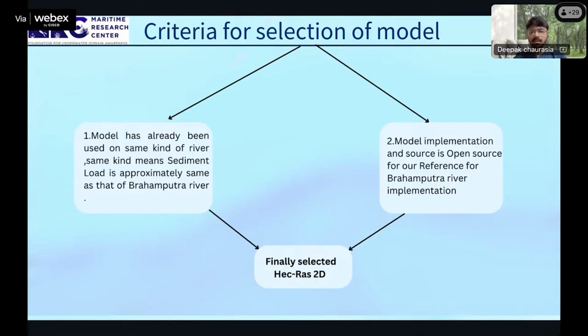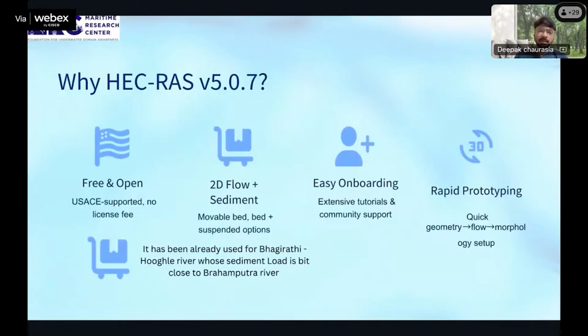Second, the model should be as open source as possible, so that we can take references and tweak that model for our Brahmaputra case. Keeping those two things in mind, we have finally selected the HEC-RAS 2D model, and we'll be going through the HEC-RAS 2D model for our sediment modeling.